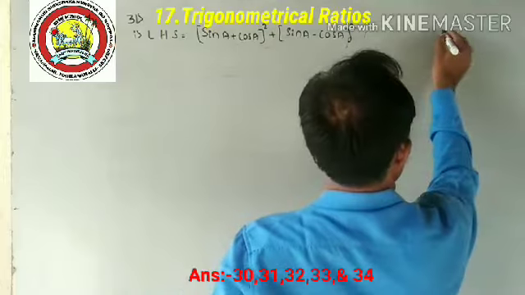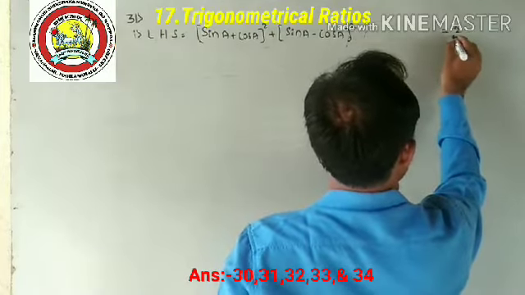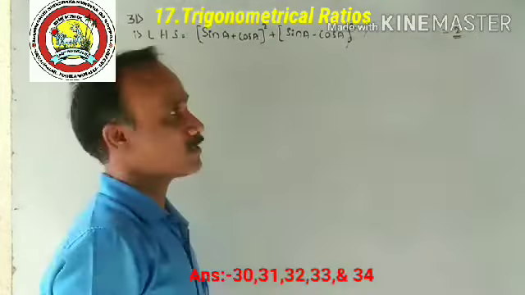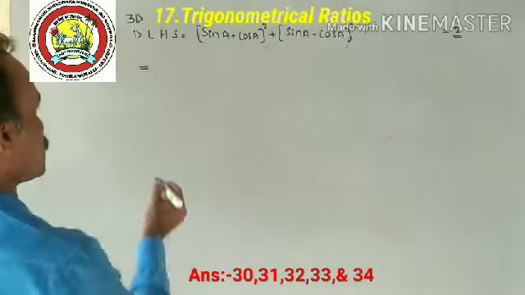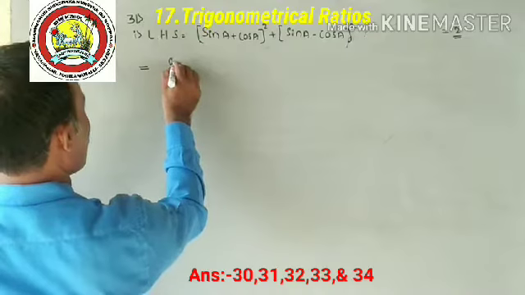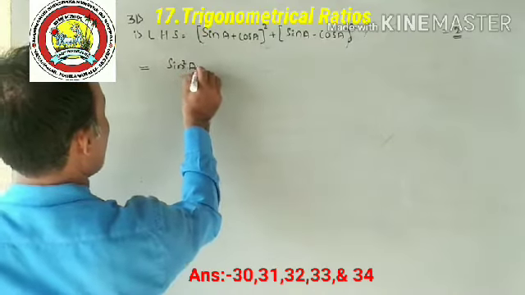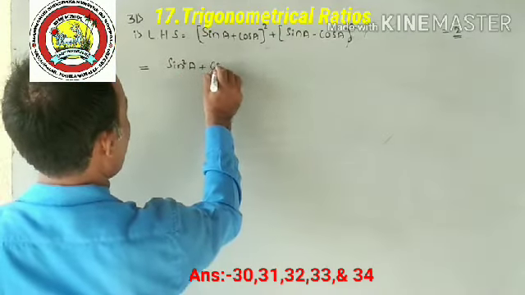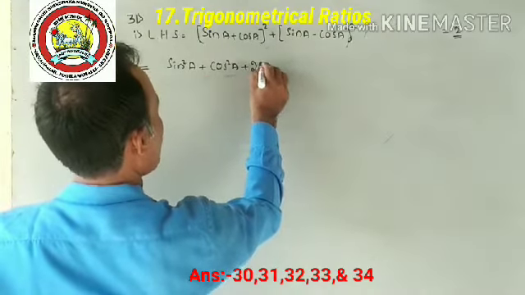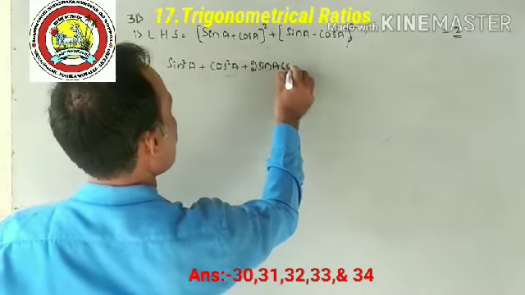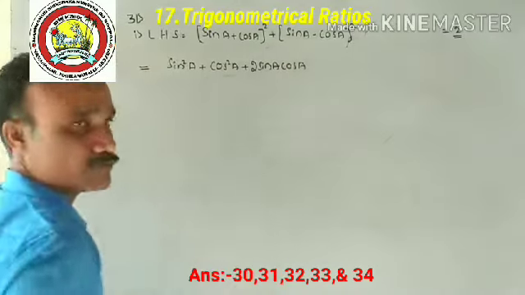We have to show this value is equal to 2. Yes, very simple. This is equal to, expand by using (a plus b) whole square: a square, that is sin square A, plus b square, that is cos square A, plus 2ab, 2 into sin A into cos A.